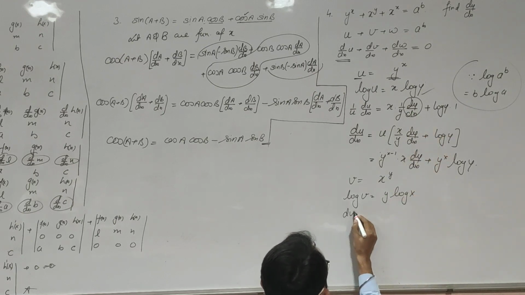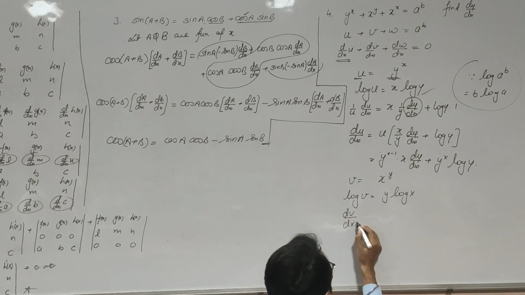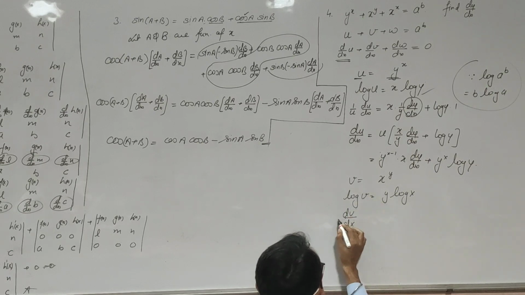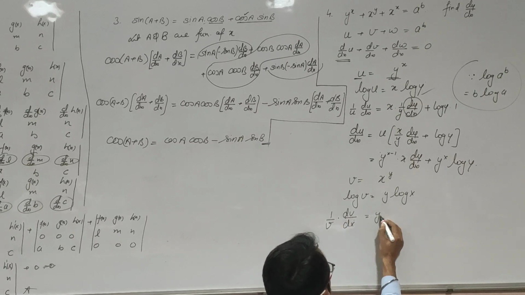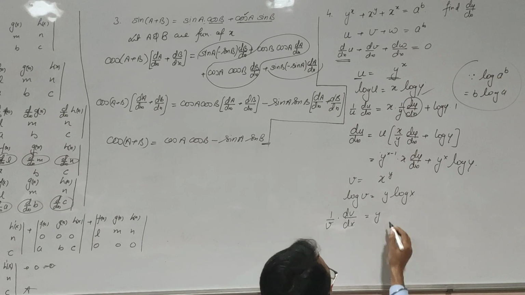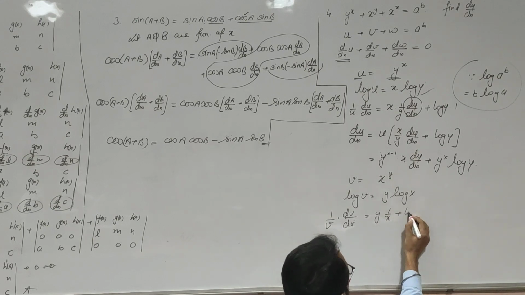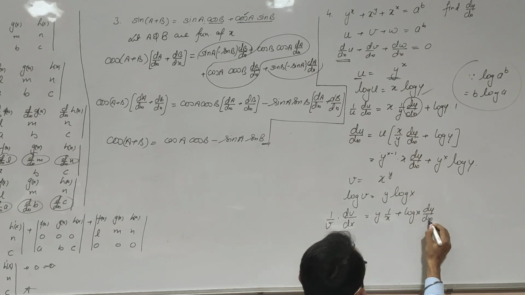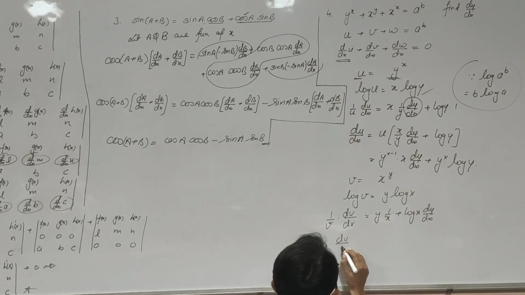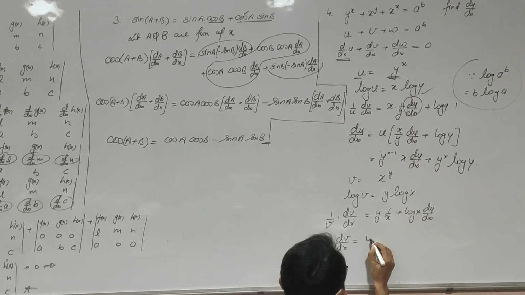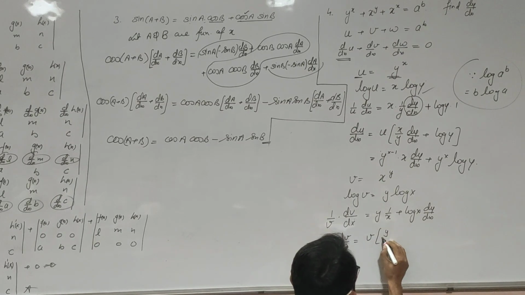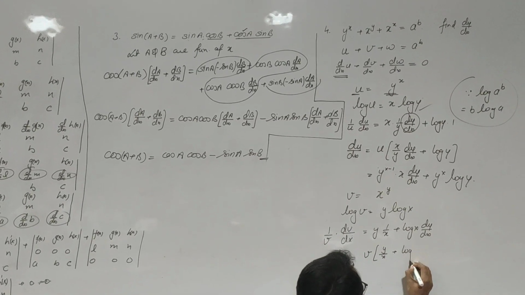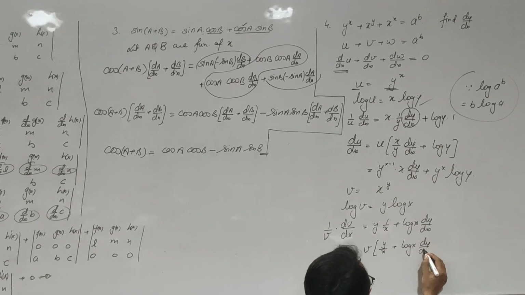Now differentiation: 1 upon v, dv on dx is equal to first function y, differentiation of log x will be 1 upon x, plus log x, the differentiation of y will be dy on dx. Now dv on dx will be equal to v times y upon x plus log x dy on dx.